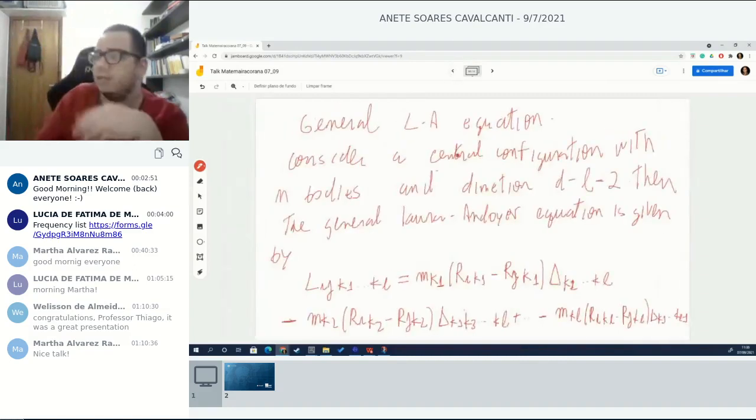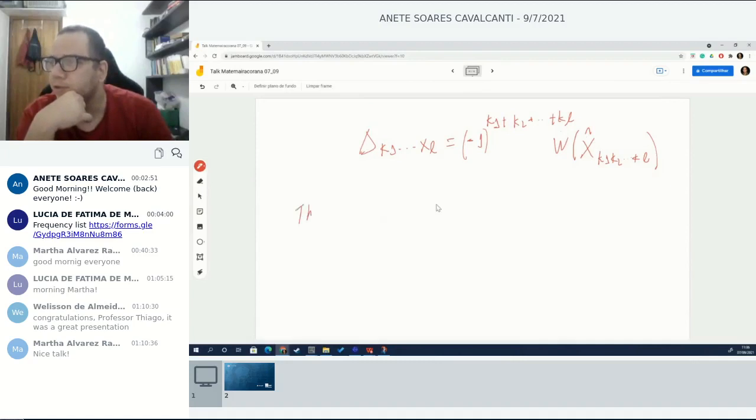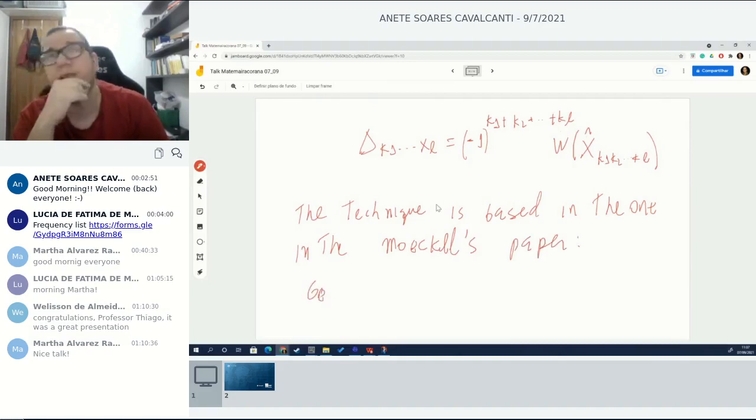This is the general Laura-Andoyer equation for all numbers of bodies and all dimensions. This technique uses the wedge product, and the technique is based on the one in the Moeckel paper, generic finiteness.